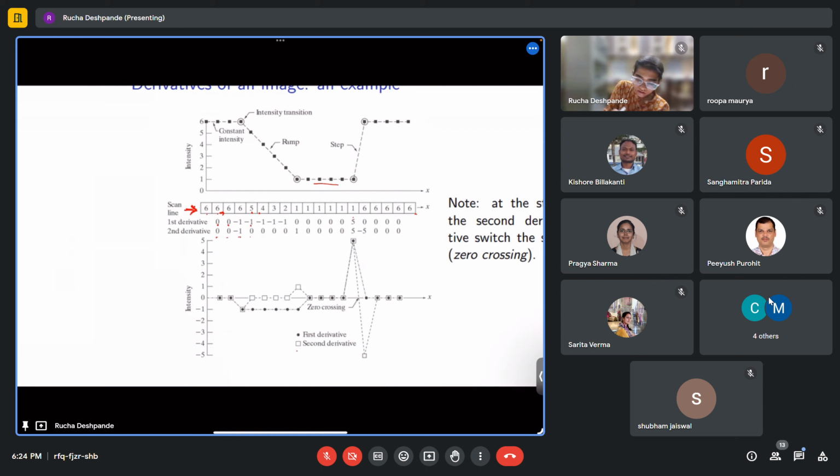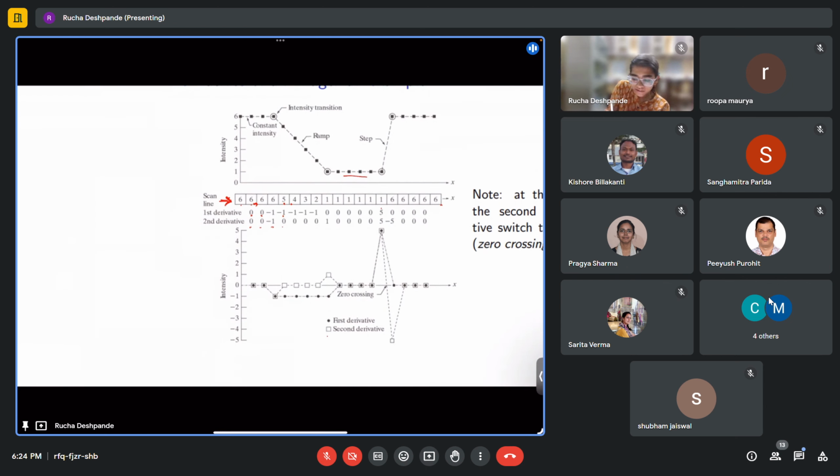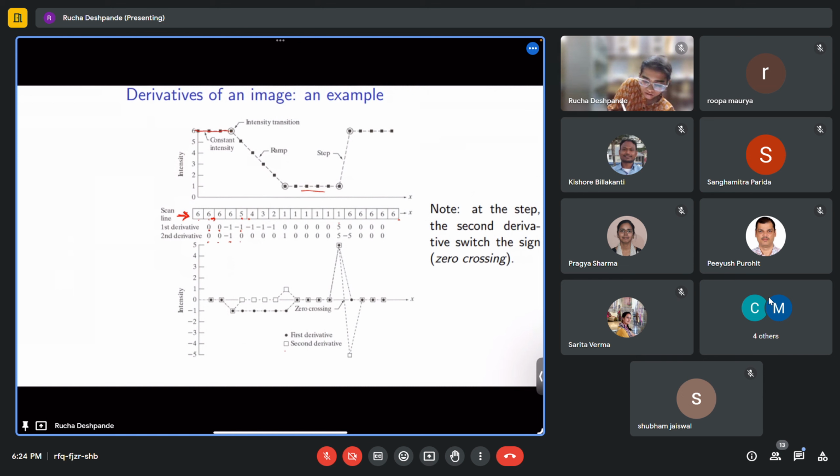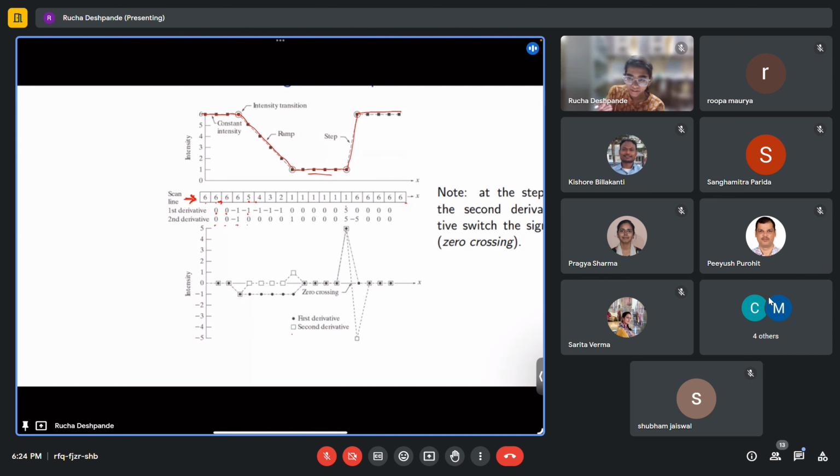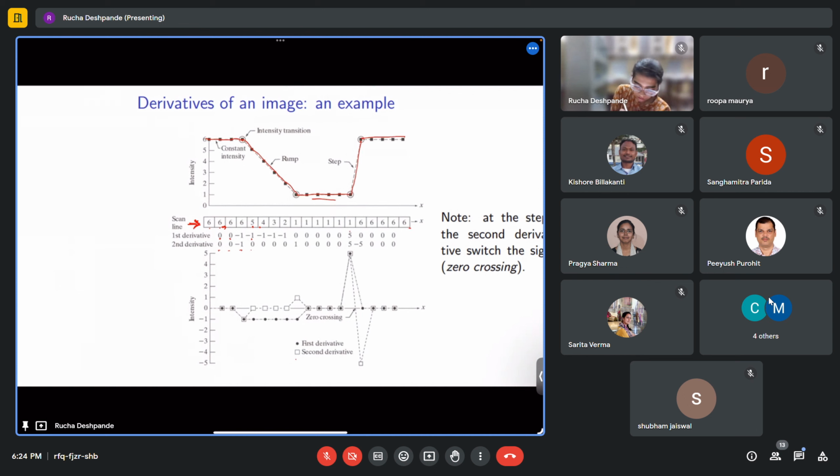These were the intensity transitions in the original image. Here the pixel intensity is 6, it's gradually decreasing, and here it's increasing from 1 to 6. So there is a sharp increase over here. Now after we calculate the second derivative, these white boxes show the second derivative.